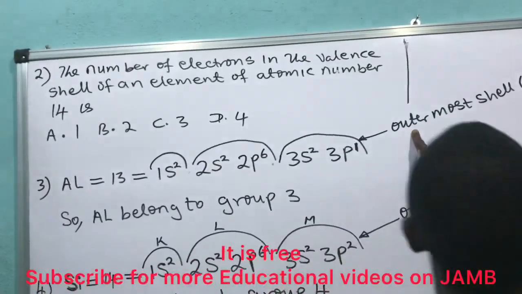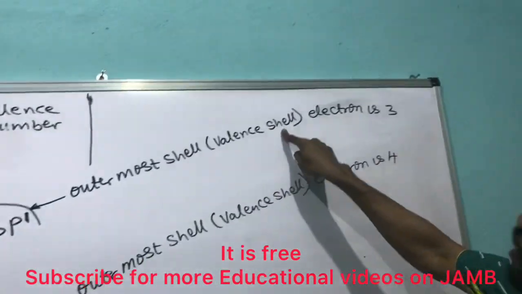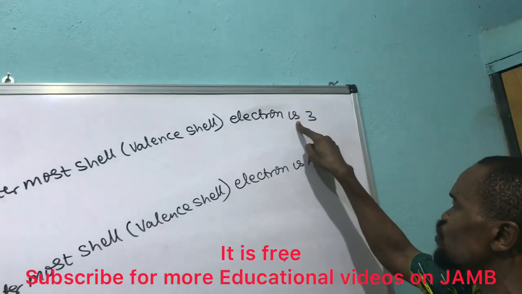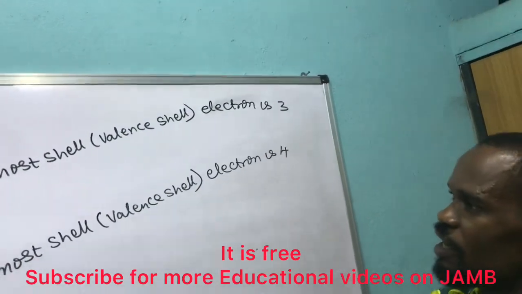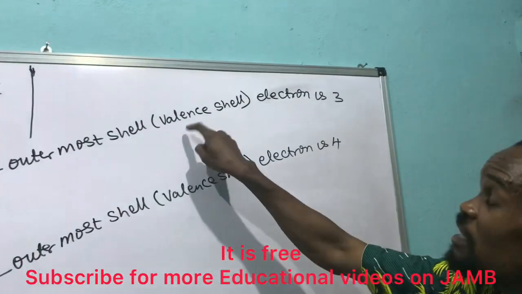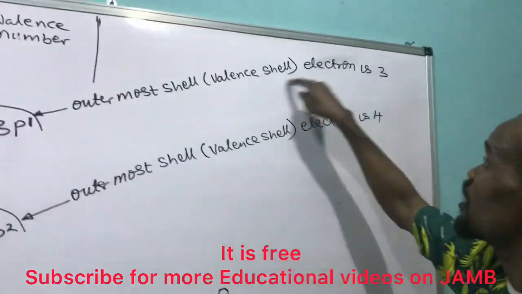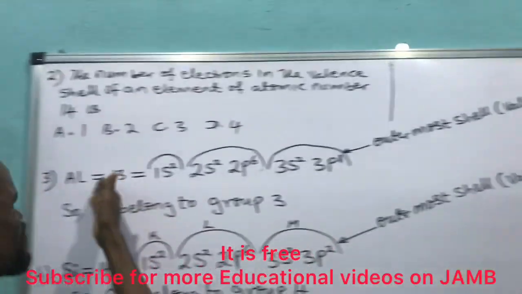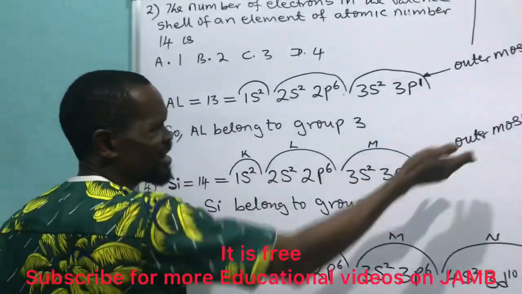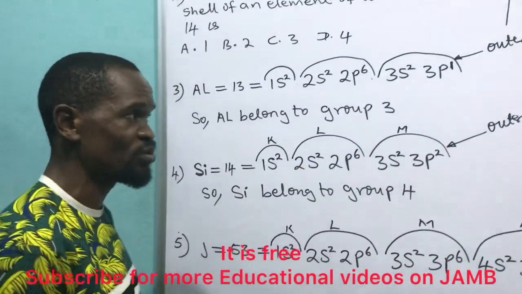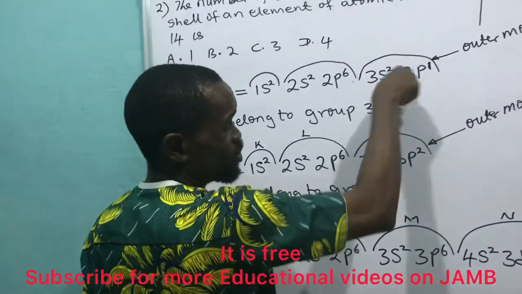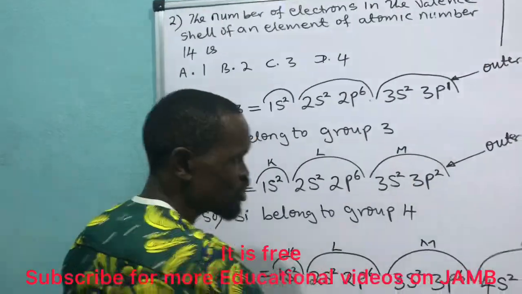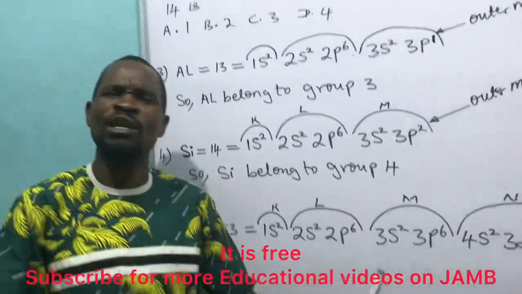And I said the outermost valency shell electron is what? 3. And that shows me that aluminium belongs to group 3. Aluminium belongs to what? Group 3. We tell that the outermost electron is what the element's group is based on.